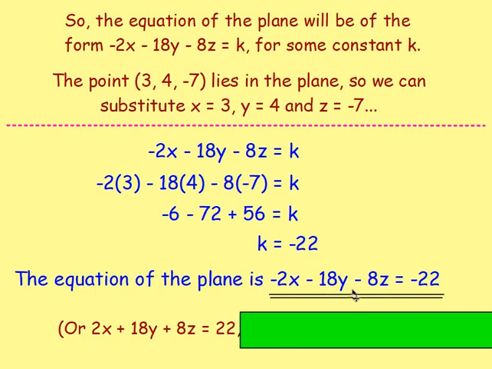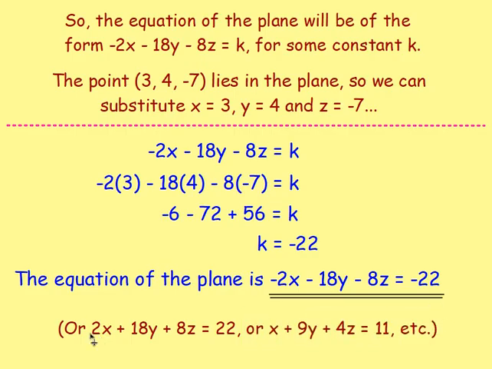So instead of every term being negative, multiply both sides by negative 1. What you could also do, yes, you could half every single term. So if you half everything, you would get 1x plus 9y plus 4z equals 11. Or you could have done that there, and you could have added the negative x, take away 9y, take away 4z equals negative 11. So you can write it multiple ways, all of which are accepted.